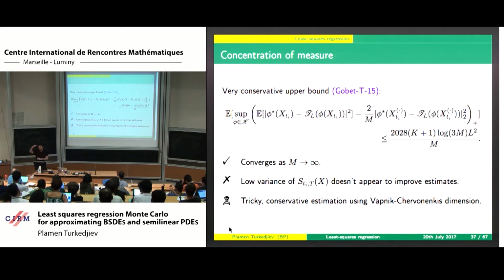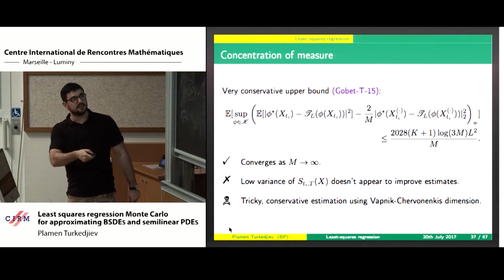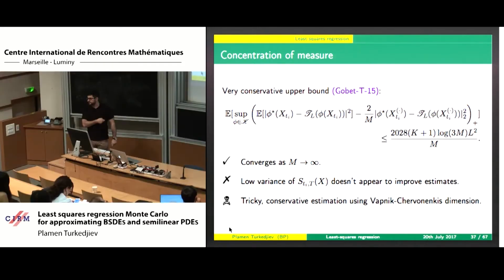It can cover a large range of values but have very little variance, and that wouldn't seemingly improve this estimate. Now that suggests that BSD algorithms involving least squares regressions can't benefit from variance reduction techniques, which doesn't really feel right, and in fact isn't right.